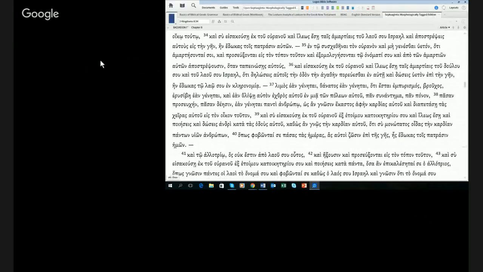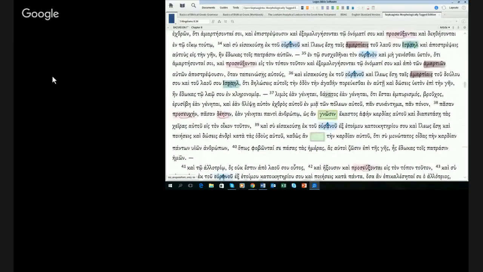So yeah, we've got kai su eisakouse, you will hear, ek tou ouranou, from heaven, out of heaven, kai hileos, and merciful ese, you will be, tais hamartiais tou laou sou Israel, to the sins of the people of Israel, kai apostrepseis, and you will turn, autous, turn or return.